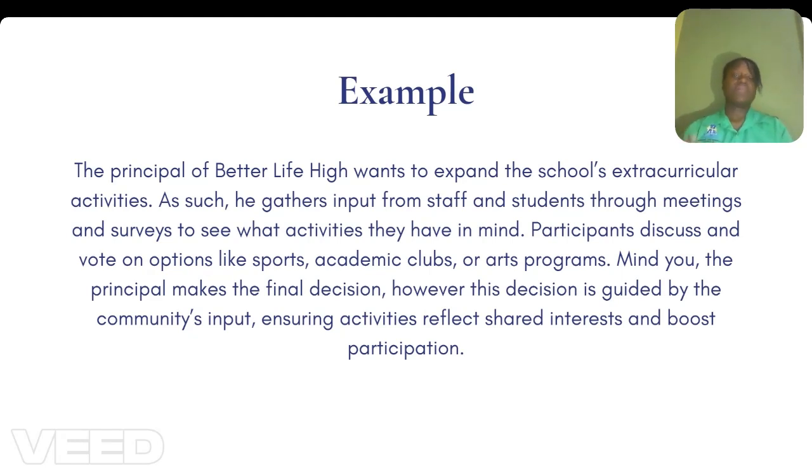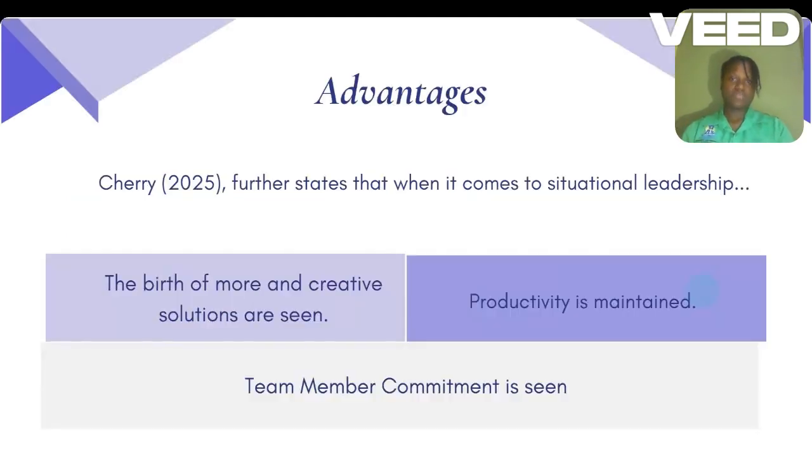And instead of getting up and stating what exactly these activities are going to be to see in its expansion, he gathers input from staff and students through meetings and surveys to see what interests they have, what activities they have in mind. So even though the principal is going to have the final say, it is seen where the decision is heavily guided by the school community. So that's to ensure that the shared influence or interests are reflected.